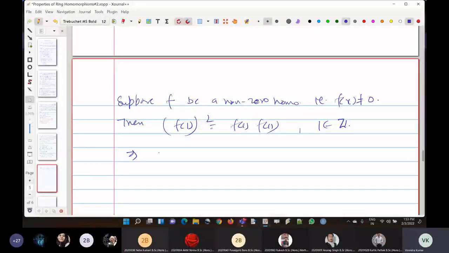So this means that f of 1 is a non-zero idempotent element of Z.